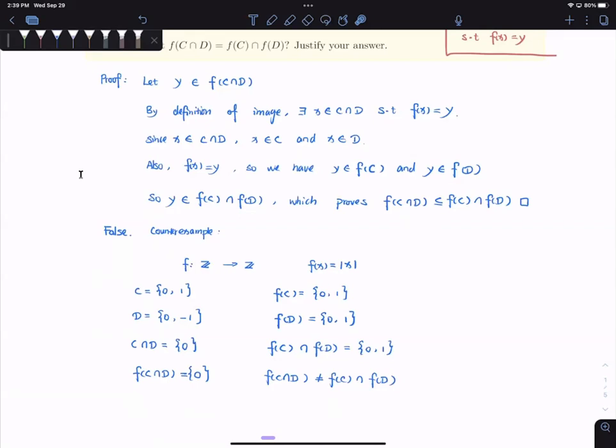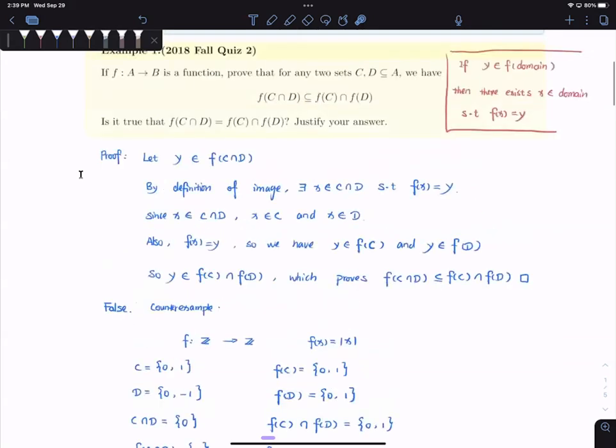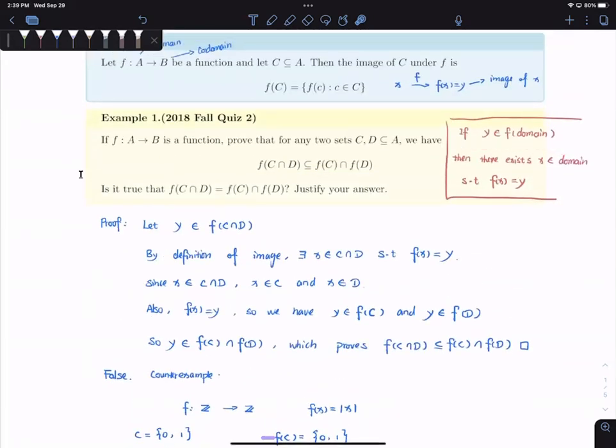So try those. The red part. This part. This part.